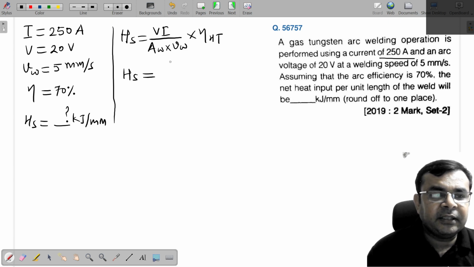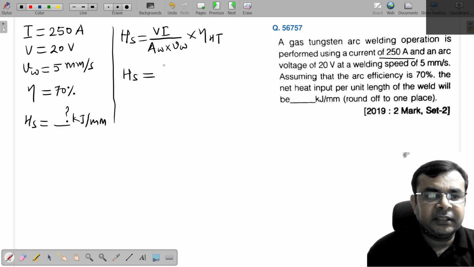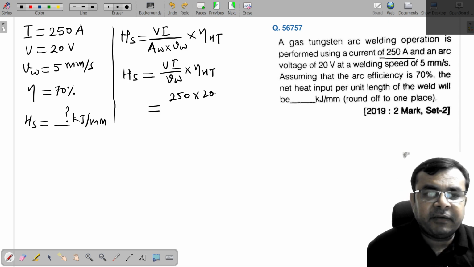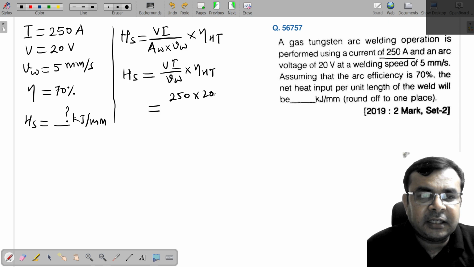So simply can I say HS is equal to VI upon VW into eta HT. Correct? So you can see V and I are given, that is 250 into 20. Arc efficiency is 70%, means this is heat transfer efficiency.